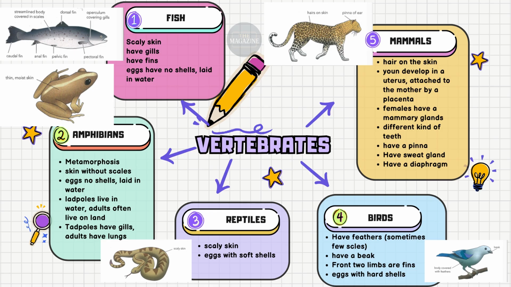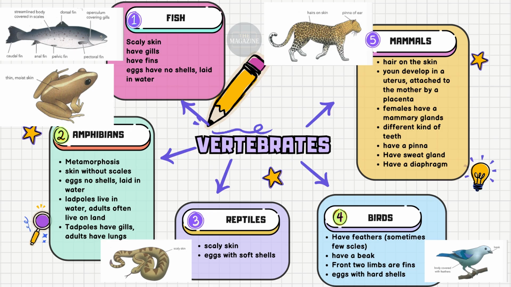So let's move to amphibians. For amphibians, the main example we can keep in mind is the frog. So they show metamorphosis. What is metamorphosis? Metamorphosis means in their larval or baby stage, they show another picture or another body shape.